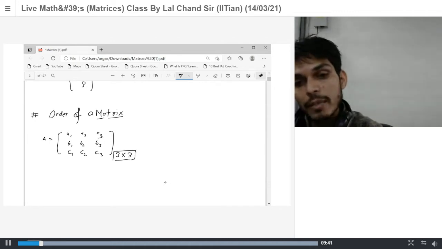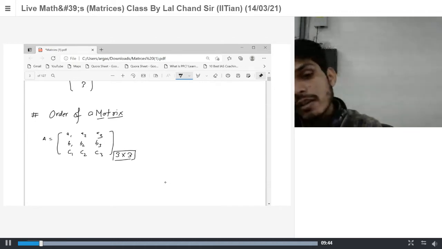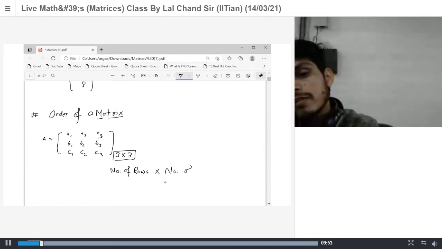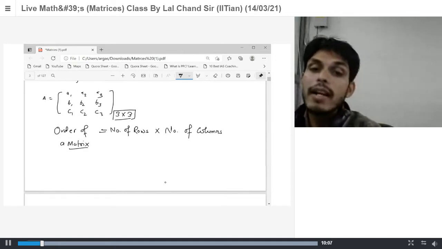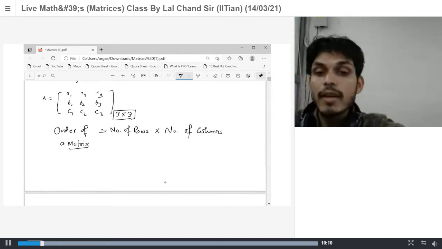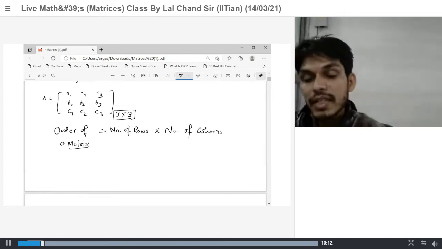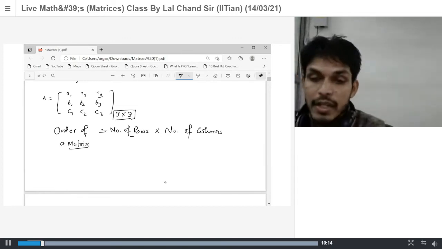We do not multiply; we write it in terms of number of rows into number of columns. This is equal to the order of a matrix. So here we have 3 cross 3. We do not write 9 by multiplying, because we would like to represent rows and columns separately.